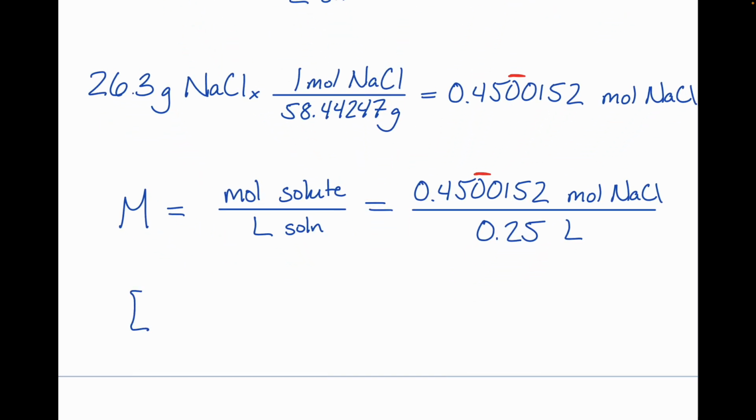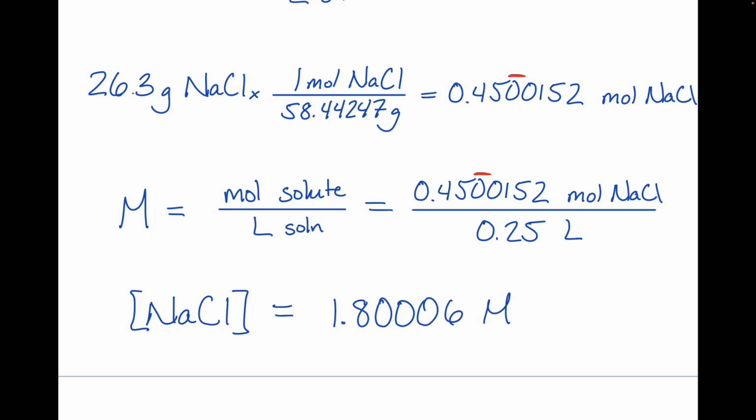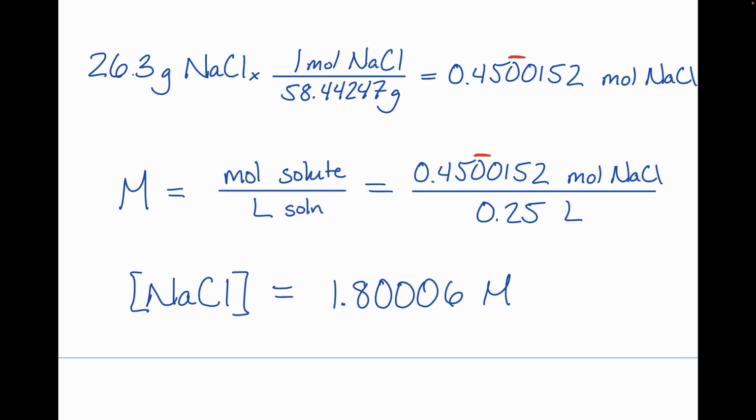And I get, we can use our fancy bracket notation, our concentration of sodium chloride is equal to 1.8000, whole bunch of zeros, moles per liter, which then I can round off to my 2 sig figs here. So 1.8 big M molarity.